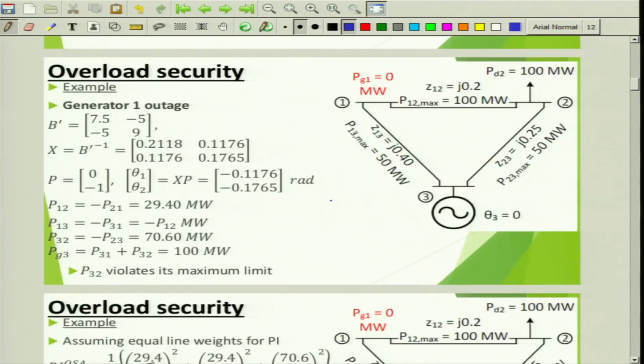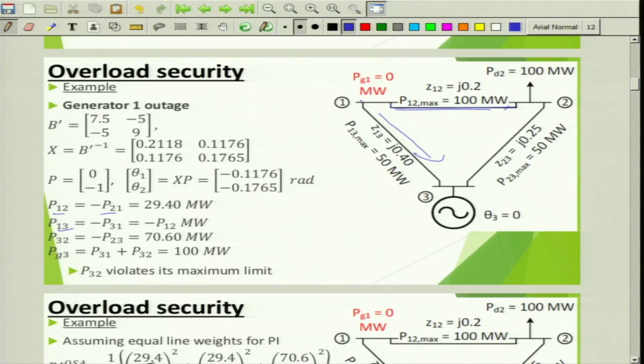You can see here P12 is equal to minus P21, this is 29.4. Now what is P13? P13 is nothing but minus P31. This is P13 and this is the same as minus P12.